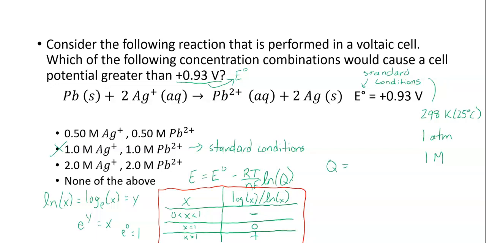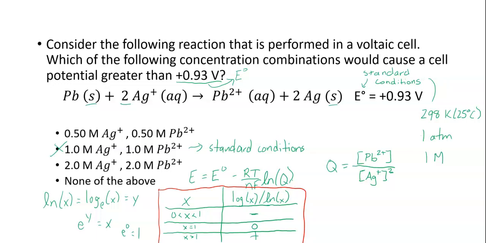Again, we're going to ignore the solids, only put the aqueous in. So our Q expression for this reaction is the concentration of lead ion over the concentration of silver ion squared, because of the coefficient 2.